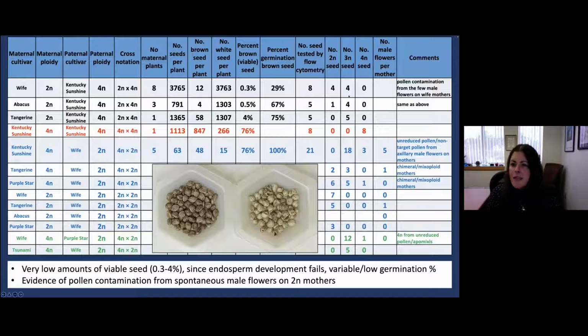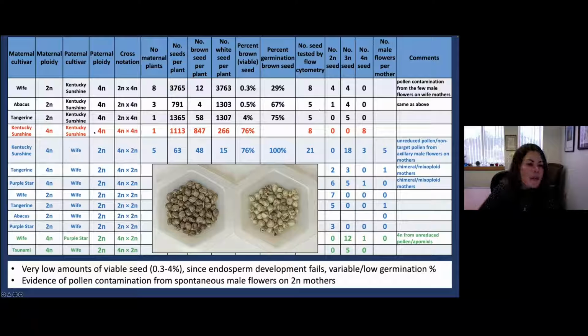We did see triploids in the viable seeds. We saw some diploids in the viable seed for these two cultivars. My box is covered here, but Wife is one of those cultivars that loves to throw up male flowers. So we believe that these diploids resulted from pollen contamination.